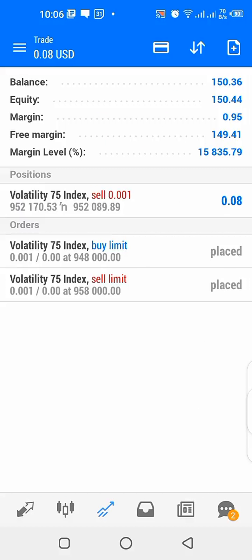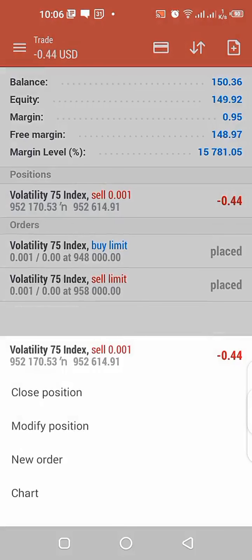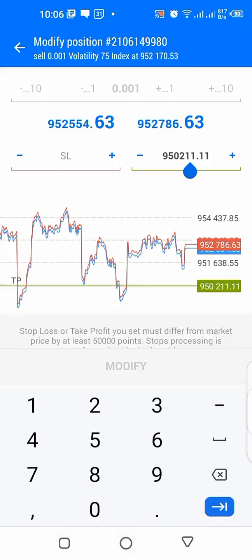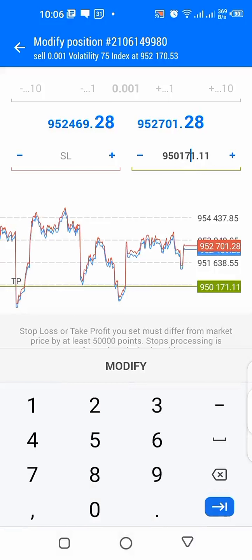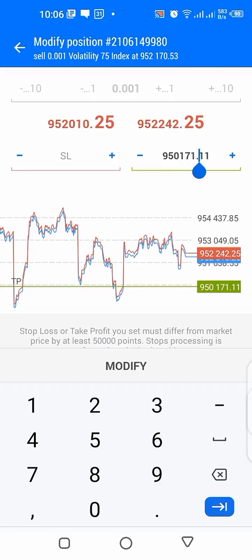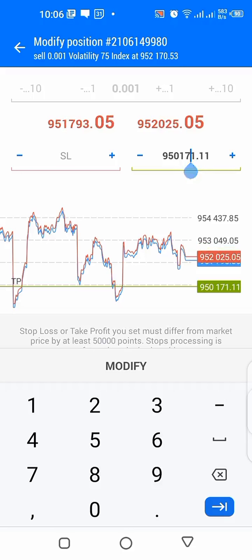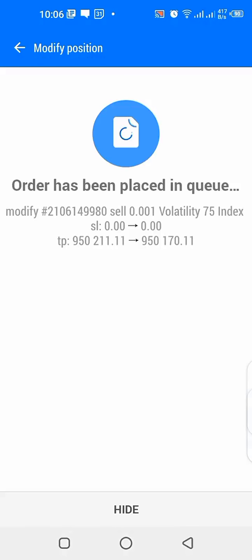You can see the buyers are trying to push price up. Now I have a drawdown already. So what I'm doing now is adjusting to exactly 2,000 points. I'm adjusting my take profit for the running sell trade to be exactly 2,000 points, which is 950,170.11.